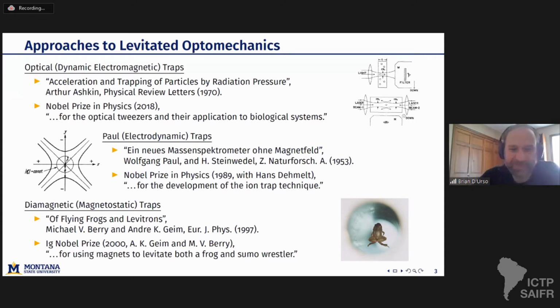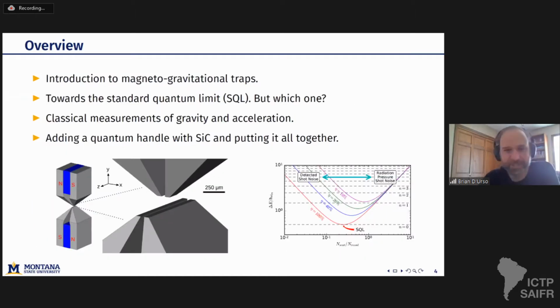And following the similar pattern, they won, in this case, the Ig Nobel Prize in 2000. Of course, Andre Geim went on to win the Nobel Prize for graphene, but not for levitating frogs or anything. So we use this technique of levitating things with magnetic fields, and hopefully we won't just win an Ig Nobel Prize.